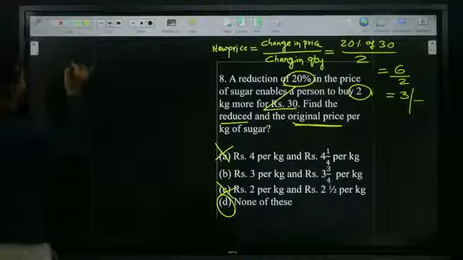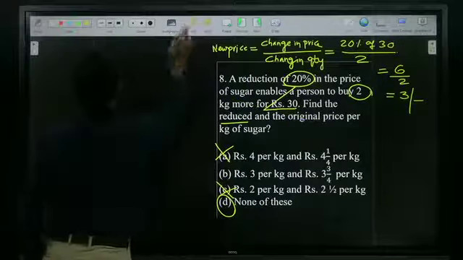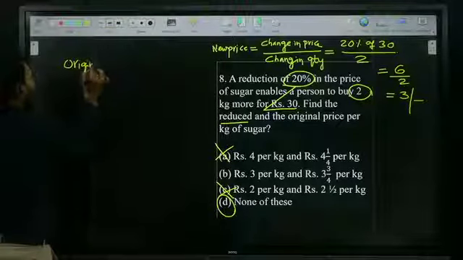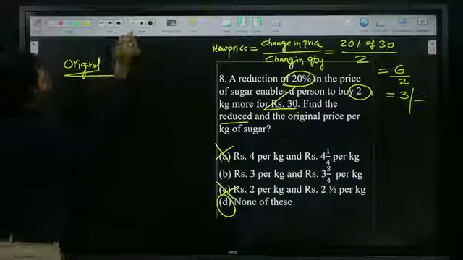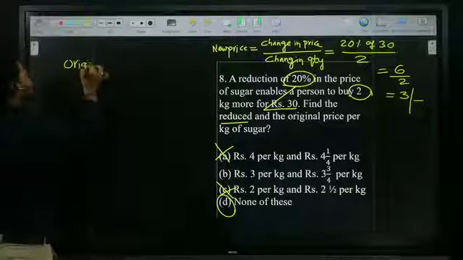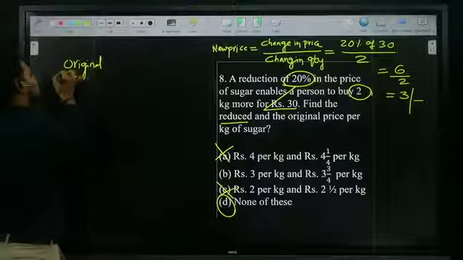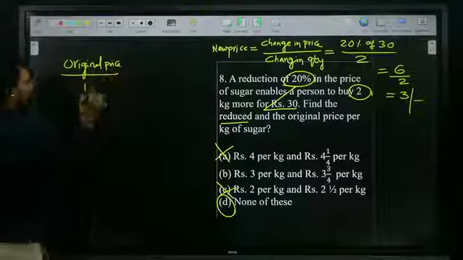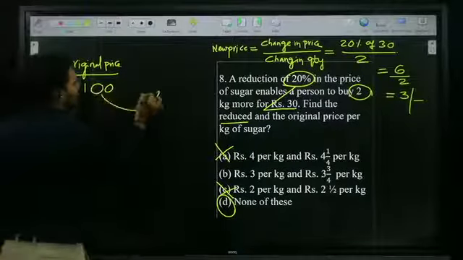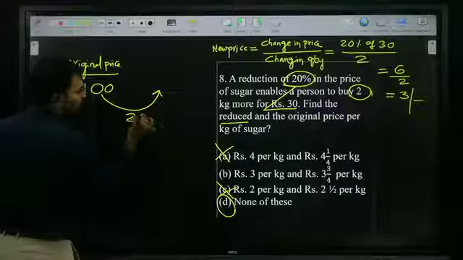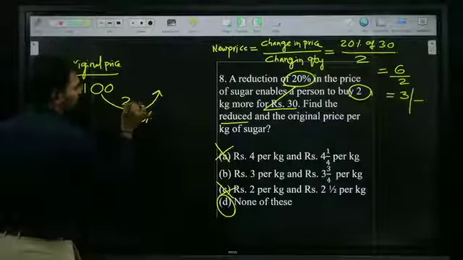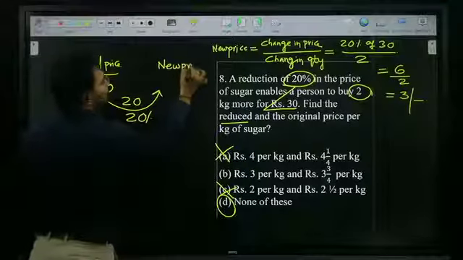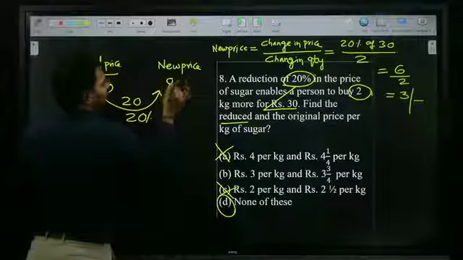The original price I don't know. I assume it as 100. A 20% reduction is nothing but 20% of 100, which is 20. Therefore, new price is 80.